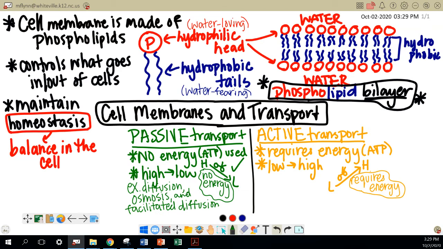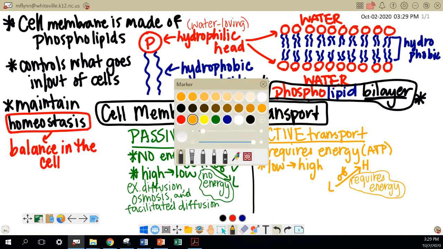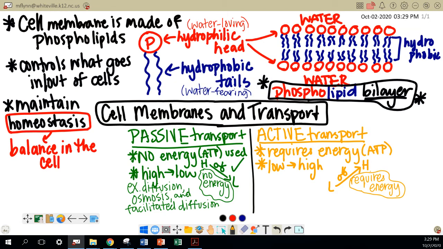You'll have some practice with that. For active transport, the examples are just regular active transport, and then endocytosis and exocytosis.